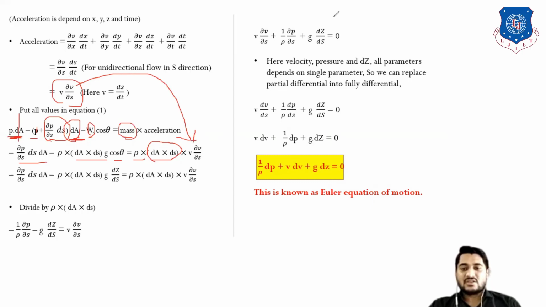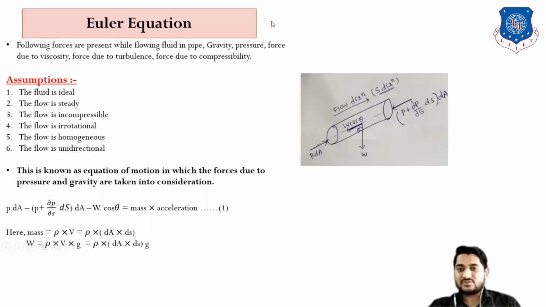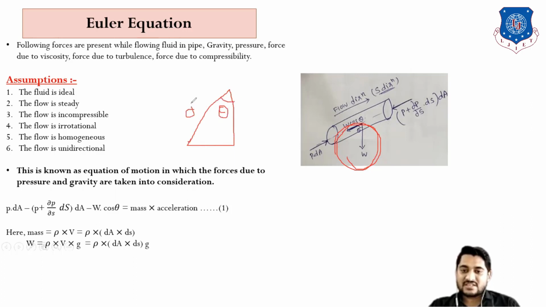Clear, students? Now the cos theta value, remember this cos theta value. Suppose we refer to our sketch, yes, this one. So we have to find the cos theta value from this sketch. Let us take this segment at the outer side. So we can draw like this. This is the value of theta. This is the s direction, so ds here. This is the z direction, the dz here.